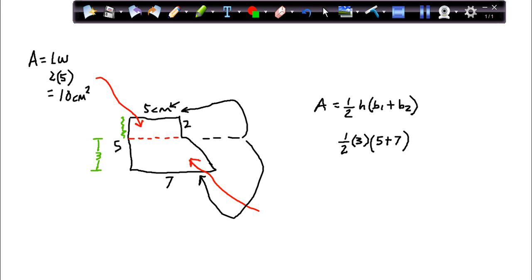Okay, so we set it up, and then we're going to do the thing that's most inner. 5 plus 7 is going to give us 12 times 3 times half. Now, I know you're taught to do these equations from left to right, but in order of operations, you can see the parentheses are there, so let's do that.